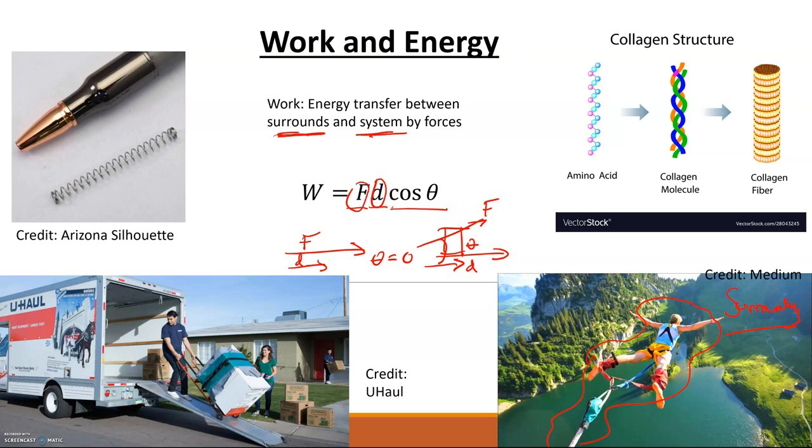So what are some of these pictures that I have up here? How do they relate to work and energy? Well, one of the big items in energy is this idea of spring energy. A spring stores energy. When you compress it down, when you push down on it, you're putting energy into the spring. That energy is being stored within that spring.